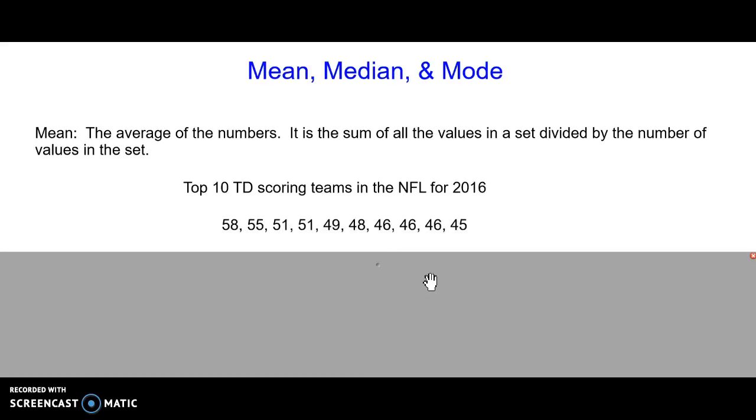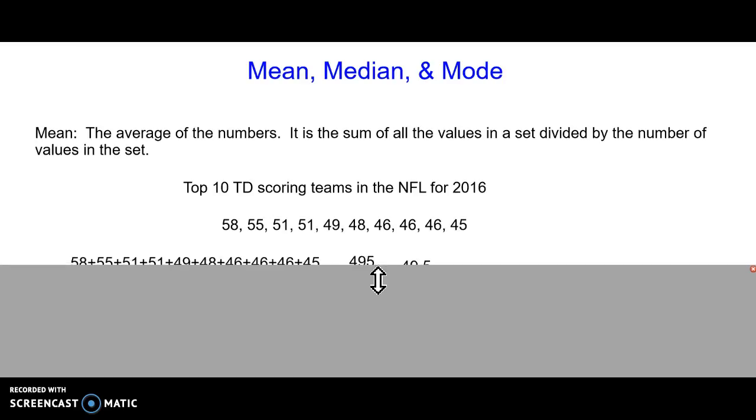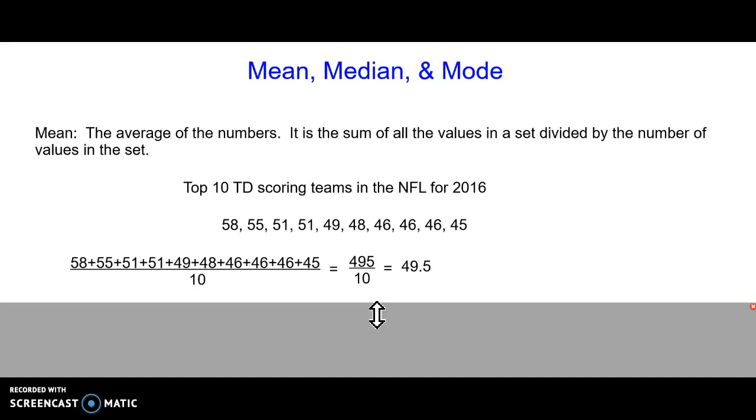These are the numbers of touchdowns scored by the top 10 scoring teams in the NFL for the year 2016. We're going to take these 10 numbers and find the mean or the average of those numbers. So to do so, we're going to take those 10 numbers and add them together. When we do that, we get a sum of 495. Then we have 10 numbers in our set, so we take 495 and divide it by 10.